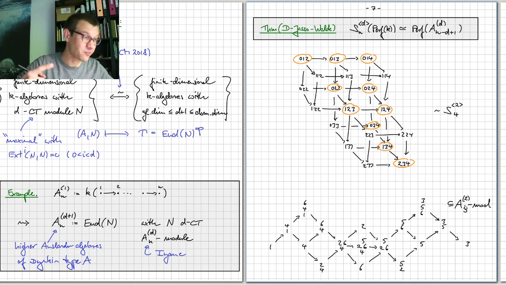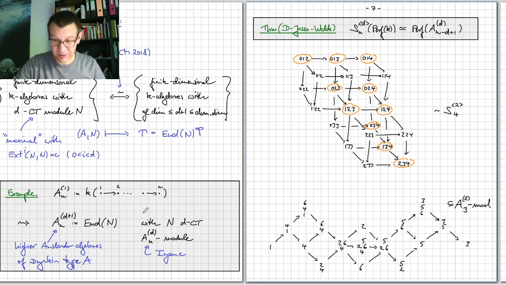Now the claim was that inside this algebra A32, or inside this module category, there's a certain two-cluster tilting module, which collects not all the indecomposables, but carefully singles out a certain collection of indecomposables, such that if I then take endomorphisms, I go to the next level here.